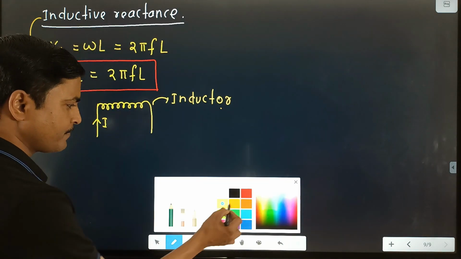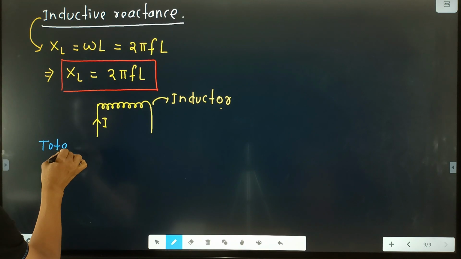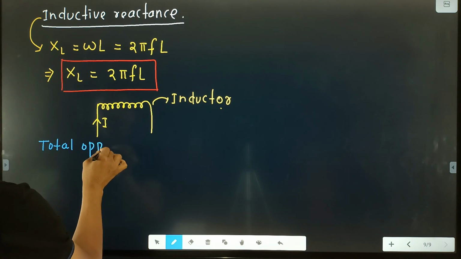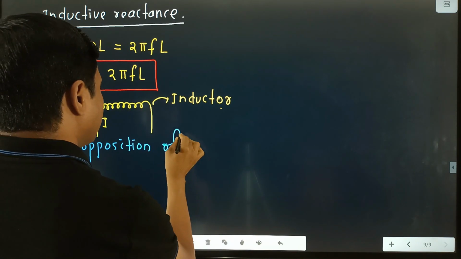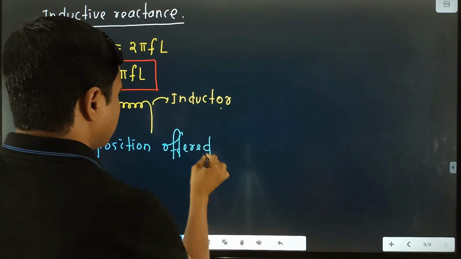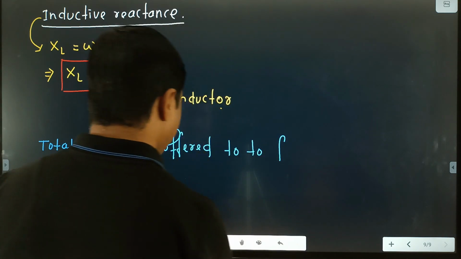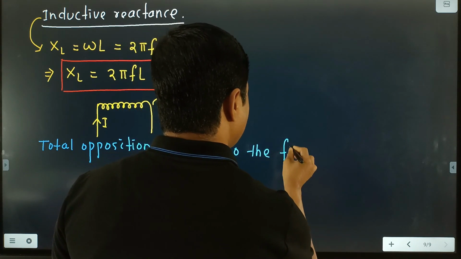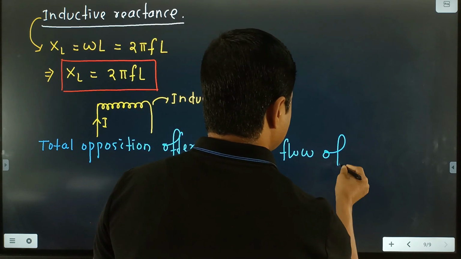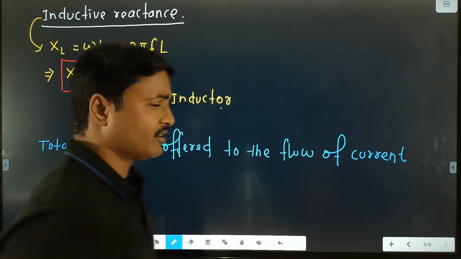We also write here that the total opposition to the flow of current, that may be direct current, may be alternating current, but current.